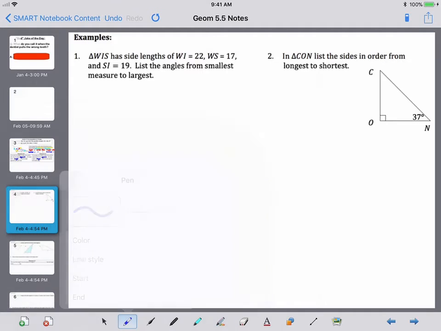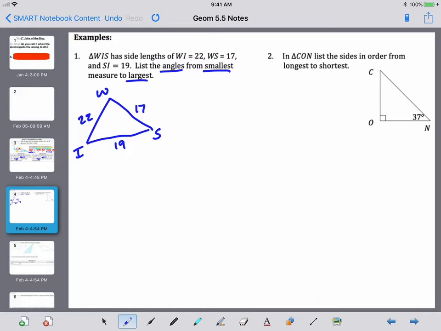In example 1, we're told that this triangle WIS has side lengths where WI is 22, WS is 17, and SI is 19. Well, if we're asked to list the angles from smallest to largest, first we're going to list the sides from smallest to largest.